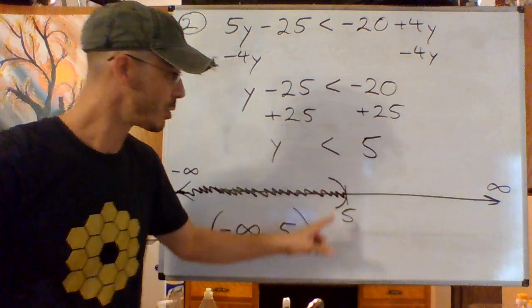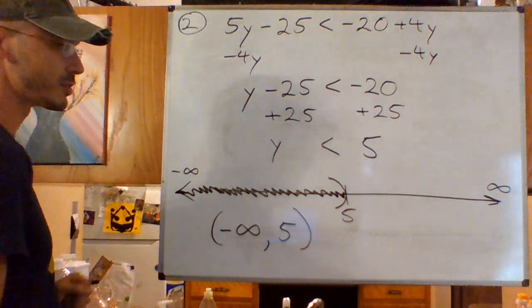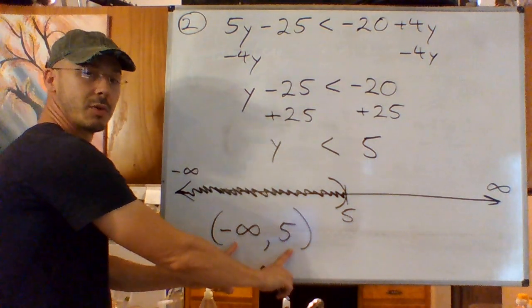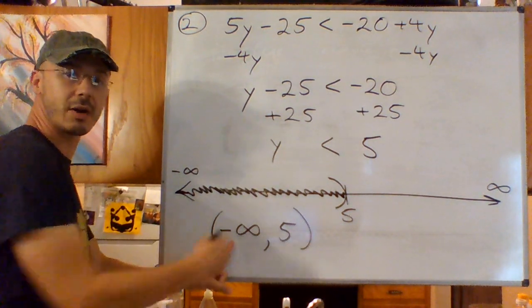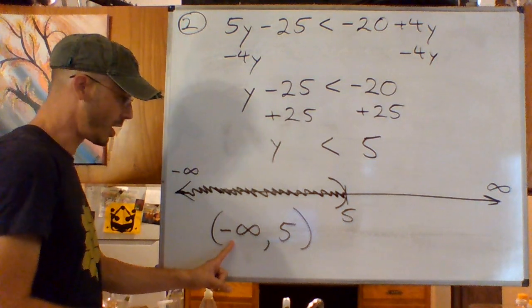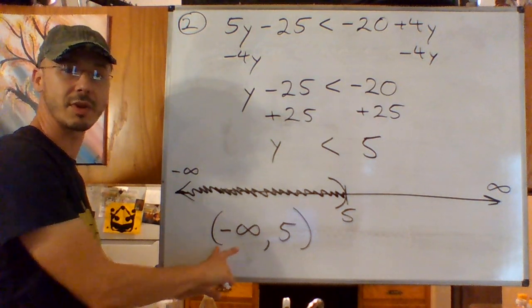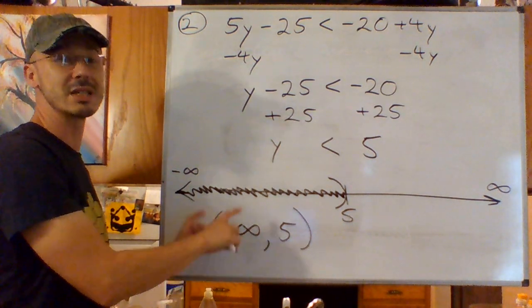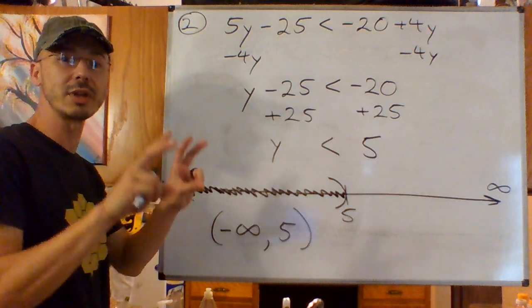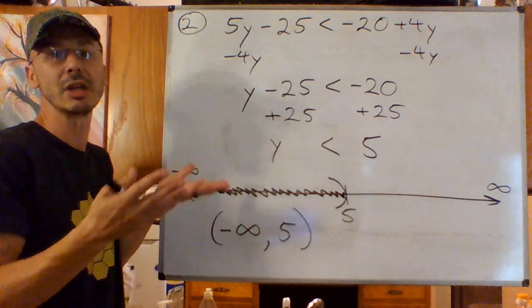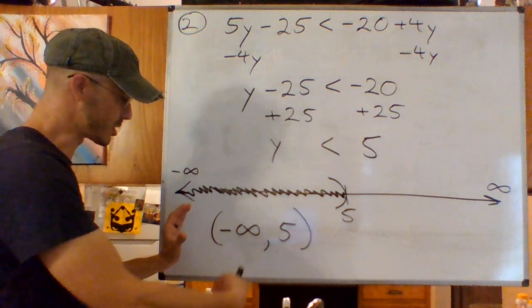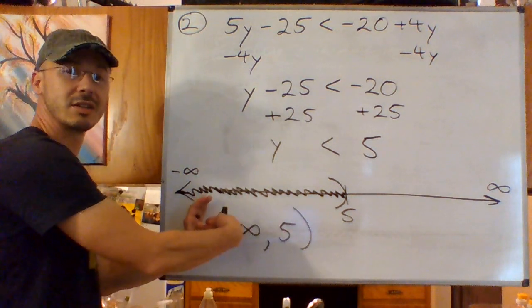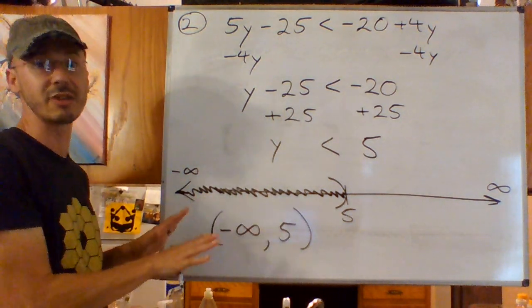So this interval notation is, as I said, a symbolic picture of the actual picture of the graph, which is all the numbers to the left of 5, all the way down if we go to the left. And I'm going to use a parenthesis for negative infinity because we're not really including the number negative infinity. It's not really a number, but it's just the convention that we use a parenthesis instead of a bracket.